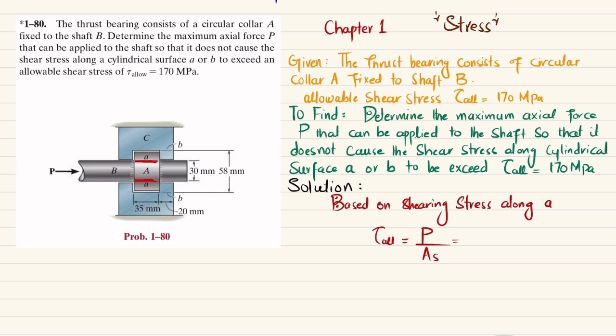So I will write this: P divided by shearing area. 30 is this diameter, which you can see is 30 millimeter, so in meter it is 0.03, and pi D, clear? And thickness is 35 millimeter, which is 0.035, clear? And we know that the allowable shearing stress is 170 megapascal. So 170 into 10 to the power 6 is equal to this P, which will cause shearing at A, divided by pi into 0.03 multiplied by 0.035.